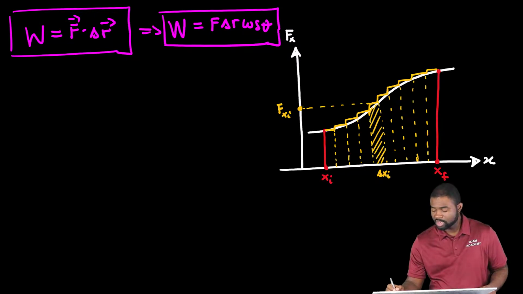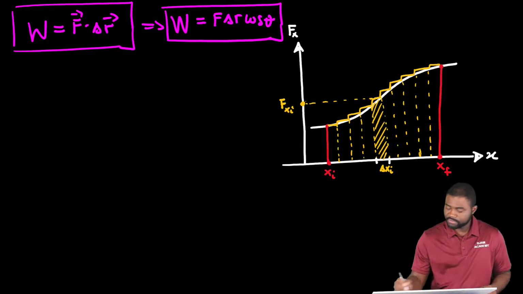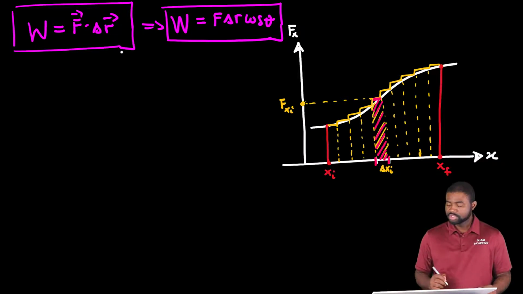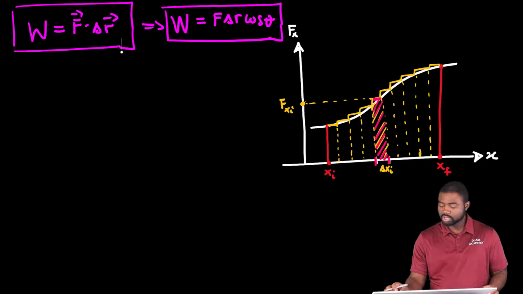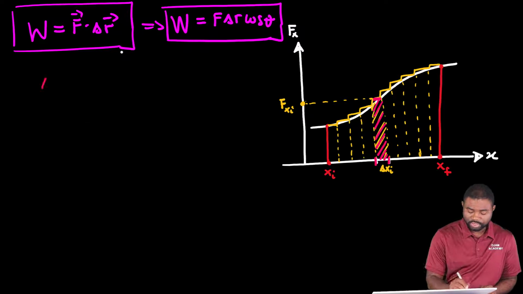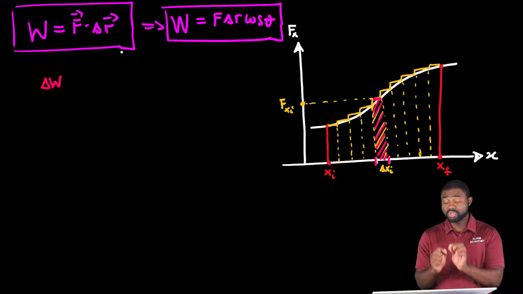So if you look at one of the increments, I'm going to call this delta x, you will recognize that the force within this increment is approximately constant. So we can calculate the work done by this force within this small increment. And so we are going to use delta W because it is the work done over that very small increment.